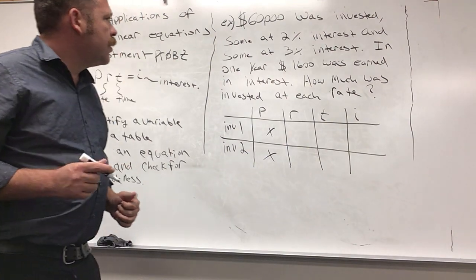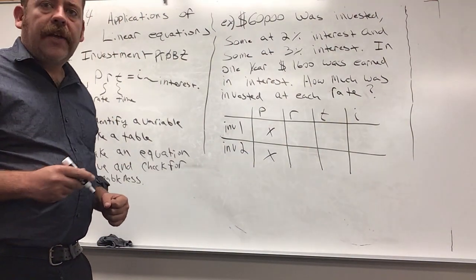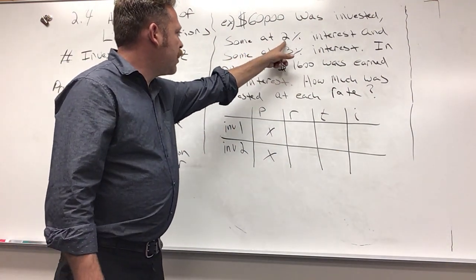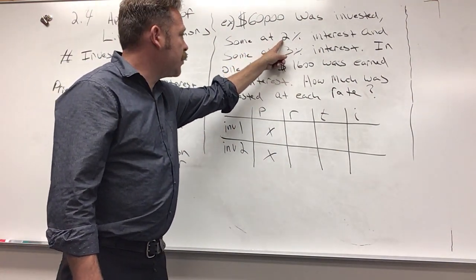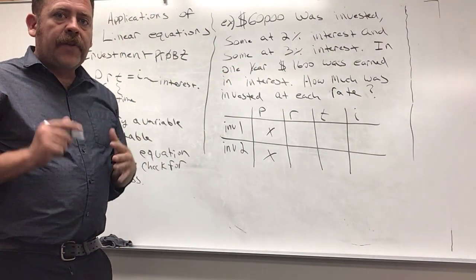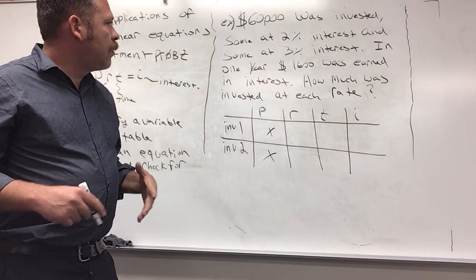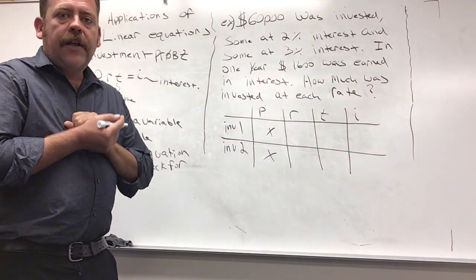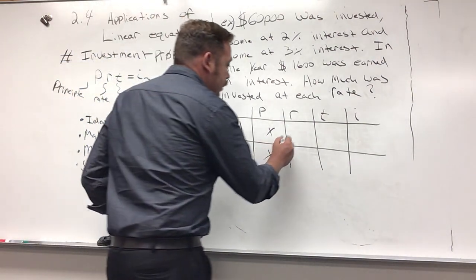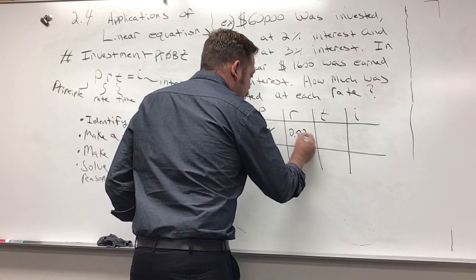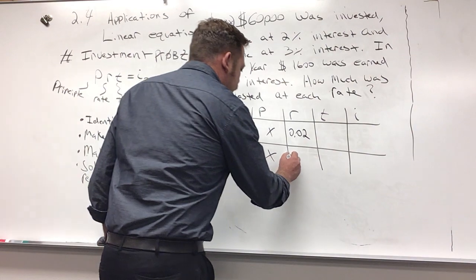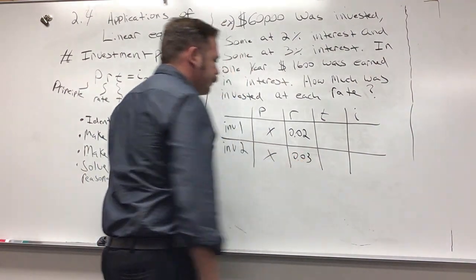Do we know the rates of the investment? I believe we do. I believe it was told 2% was the rate at one of the investments and 3% was the rate at the other investment. Now, remember, when we're working with percents, we're going to want to write their equivalent in a decimal. So if you remember, 2% as a decimal would be 0.02, and 3% as a decimal would be 0.03.